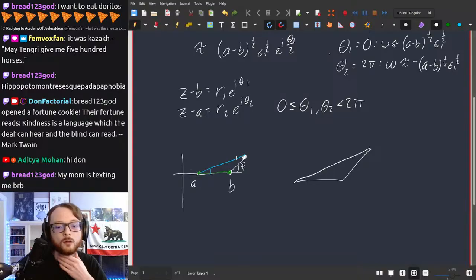Pi minus pi over 4 is 3 pi over 4. I want to find this length and this angle. We need that this length down here is b minus a, and then we have enough to solve the triangle.